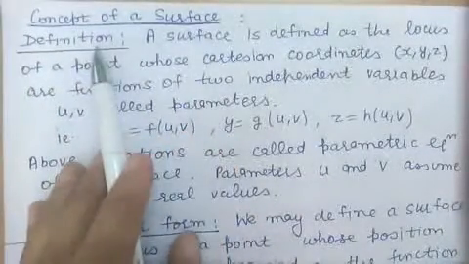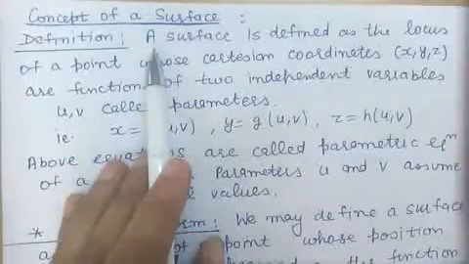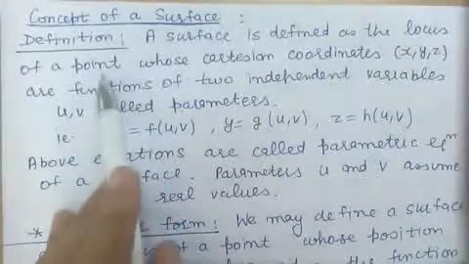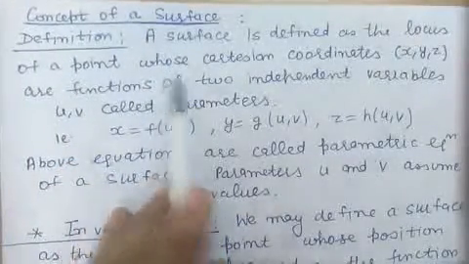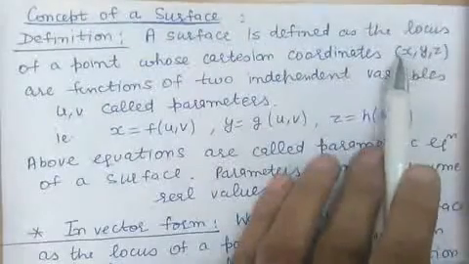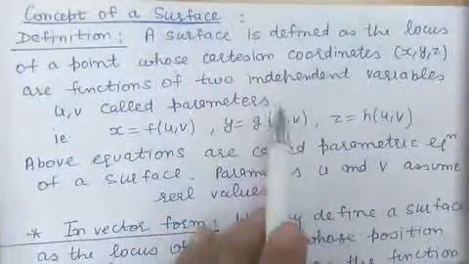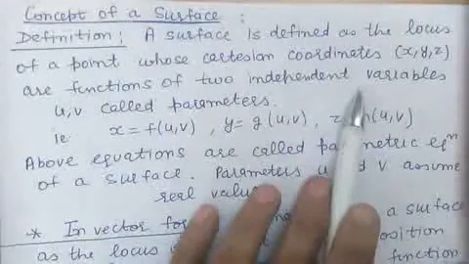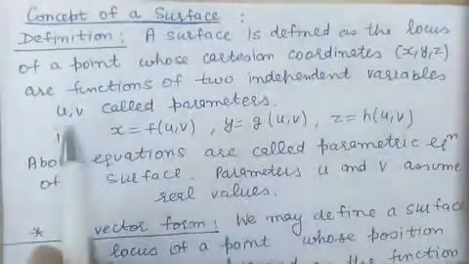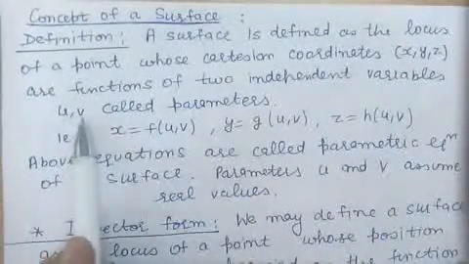Now, what is a surface? A surface is the locus of a point whose Cartesian coordinates are functions of two parameters. Those two parameters are independent variables, which we have denoted here by u and v.